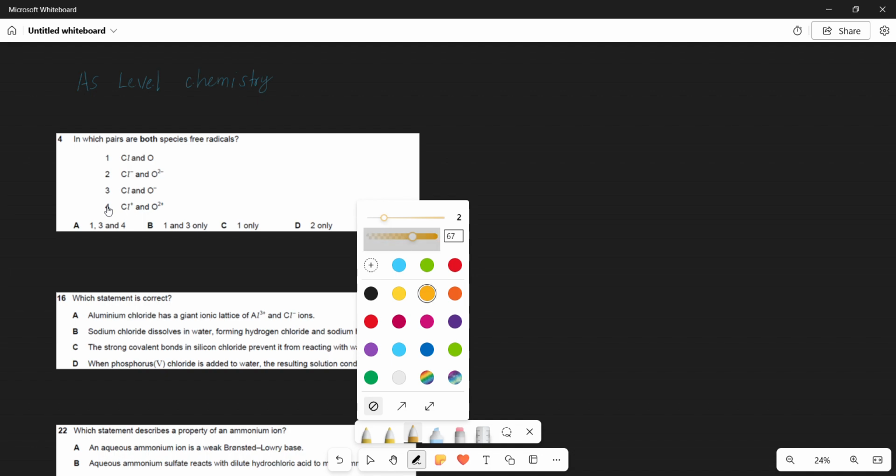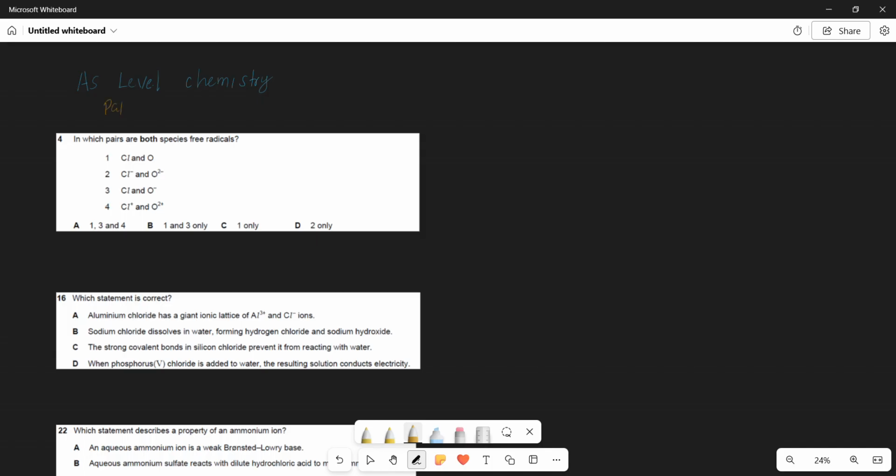The paper is going to be paper 1 2. Yesterday we saw paper 1 1. This is again May June 2024. So that's what we are going to do.